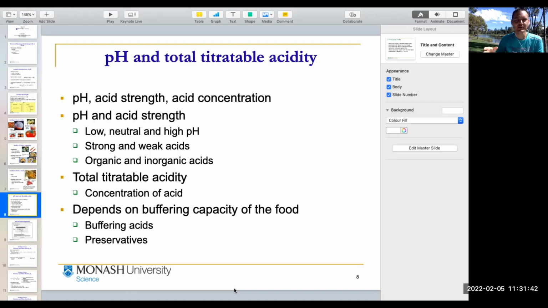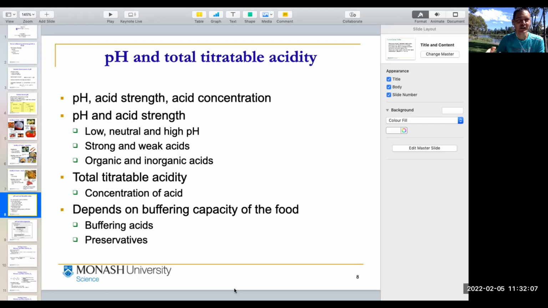There's a relationship between strong and weak acids and organic and inorganic as well, where, by and large, strong acids are inorganic. So we're talking about hydrochloric acid, HCl, H2SO4, for example, whereas weak acids, which have a much lower degree of dissociation, tend to be organic.